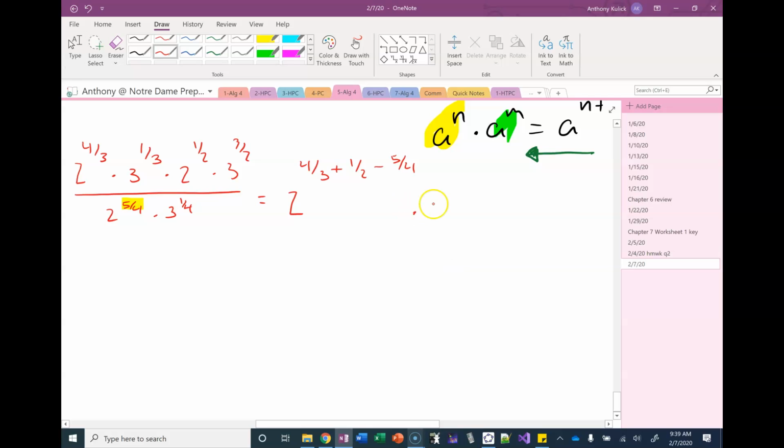And I'm going to do the same thing with the 3's. So I have 3 to the 1/3 plus 3/2, and then minus 1/4. We good there?